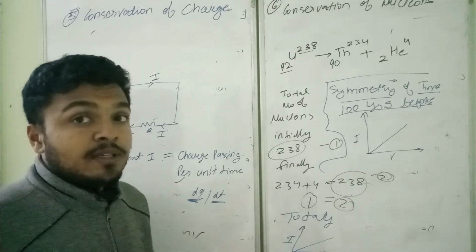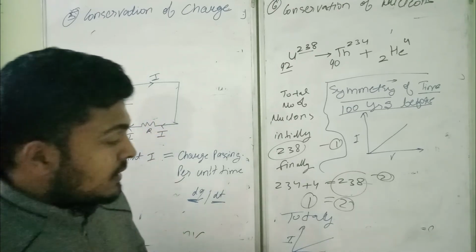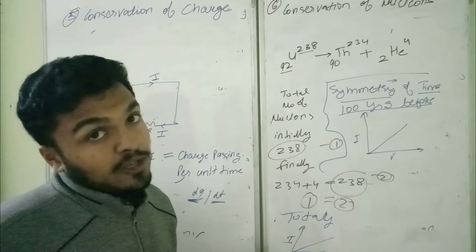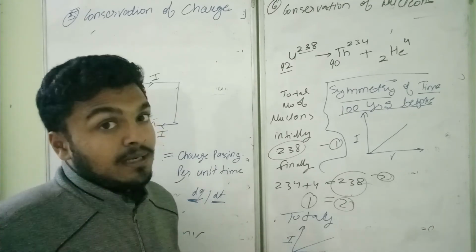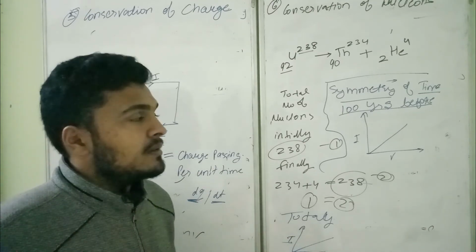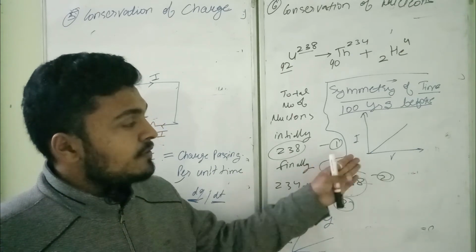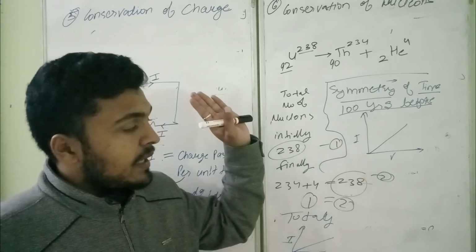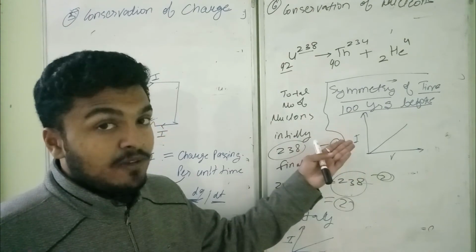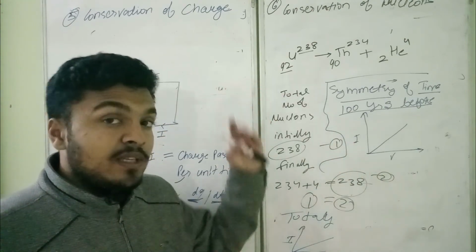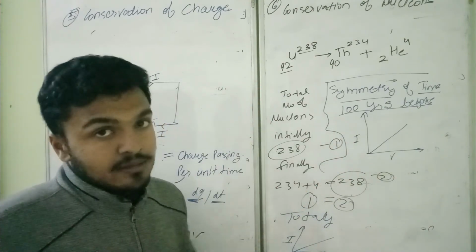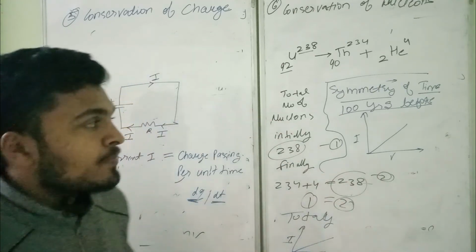Even after 1 crore years, if you do this same experiment, you will definitely get the same result. Or if this experiment had been carried out billions of years before, the result must have been the same.